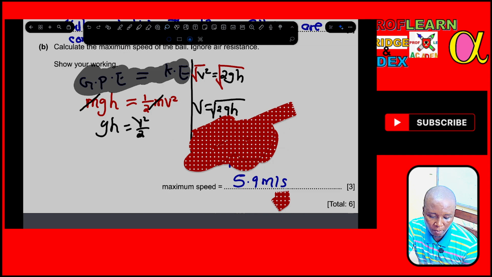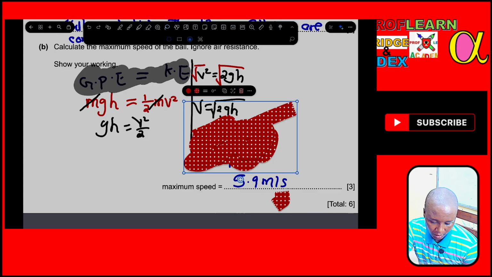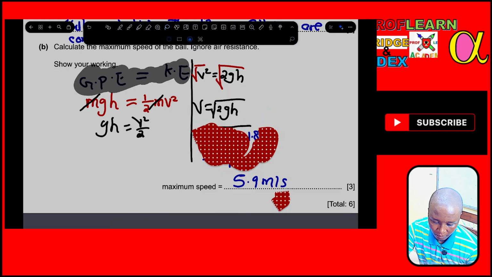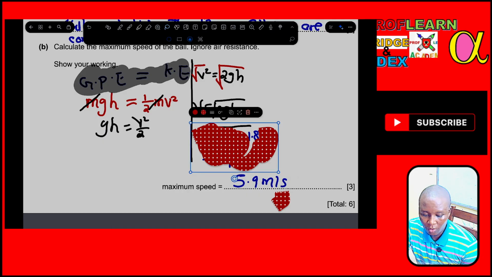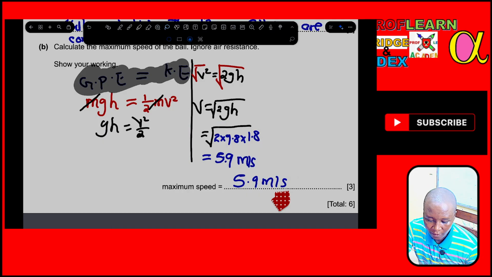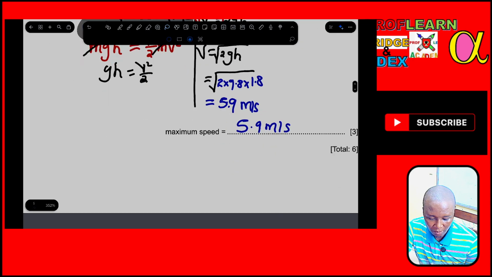Then we can make v the subject. And if you work this out, you are going to realize that your speed, or velocity, will be equal to 5.9 meters per second.